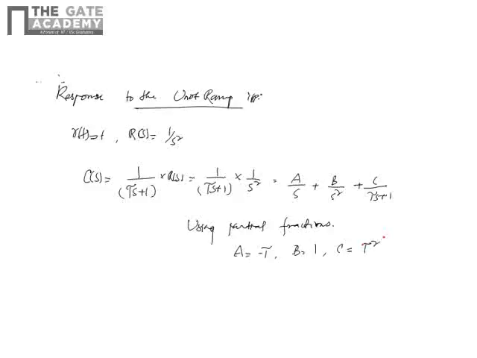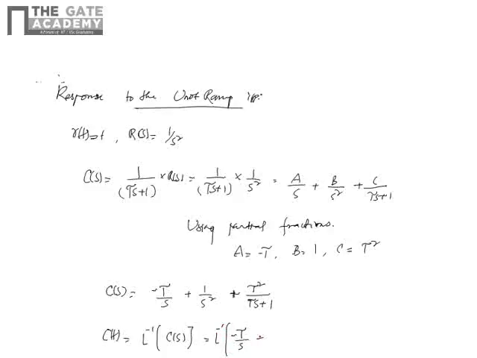Now if you substitute the values in C(s), that is minus tau by s plus 1 by s square plus tau square by tau s plus 1. So inverse Laplace transform, c(t) equal to inverse Laplace of C(s), that is inverse Laplace of minus tau by s plus 1 by s square plus tau square by tau s plus 1.